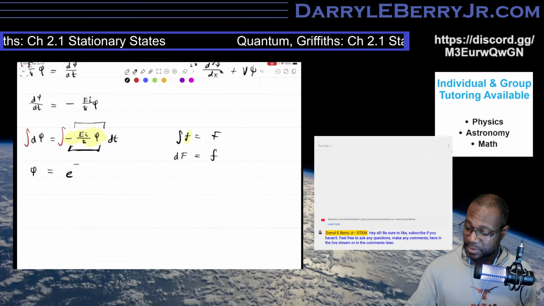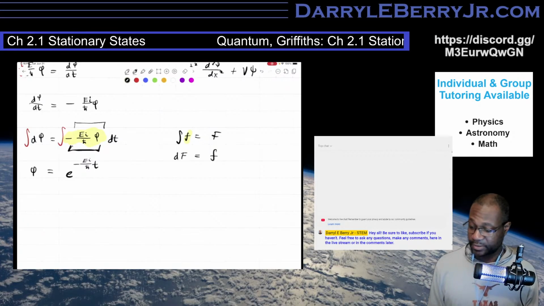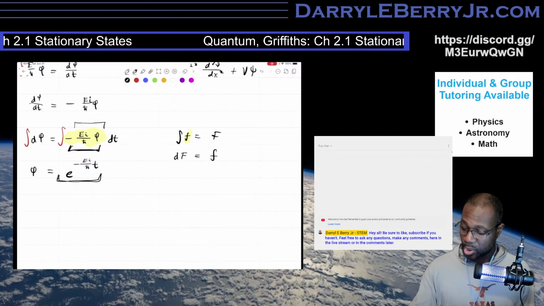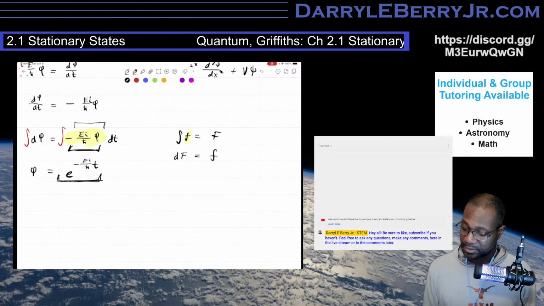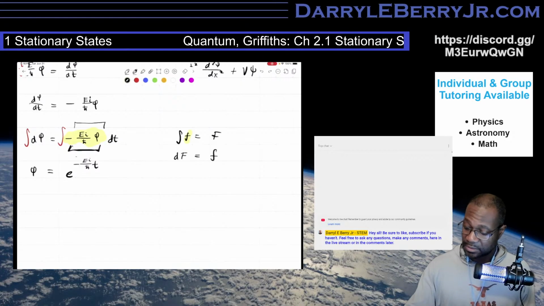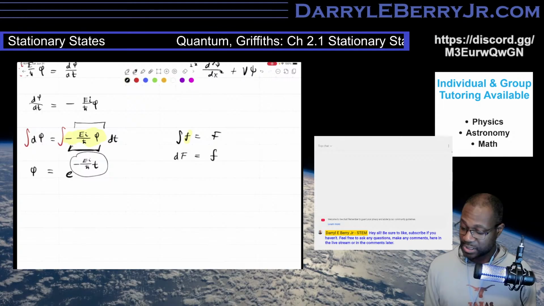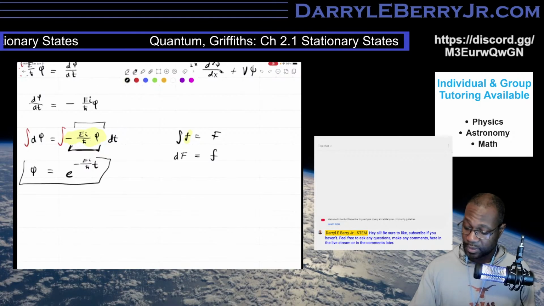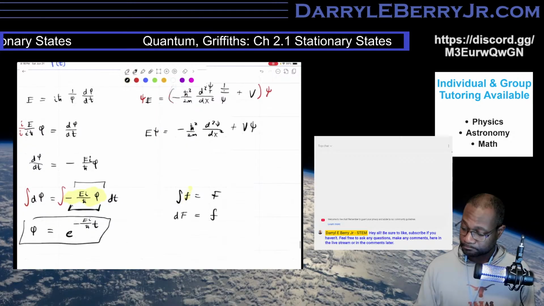So if I have my exponential be this, then if I take the derivative of that, we get psi back, as you always get with the derivative of an exponential. But then you have to take the derivative of the exponent with respect to t and multiply by that, which means that we do get that. So this ends up being the solution for that equation.